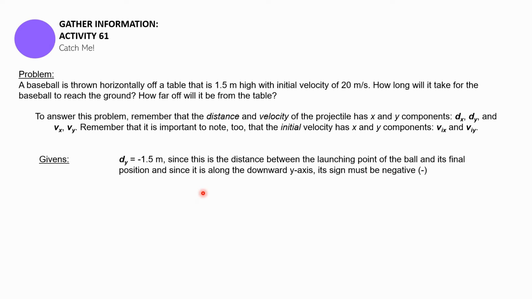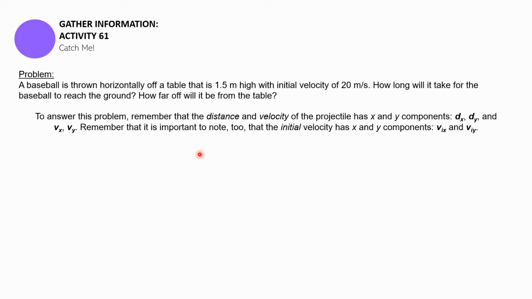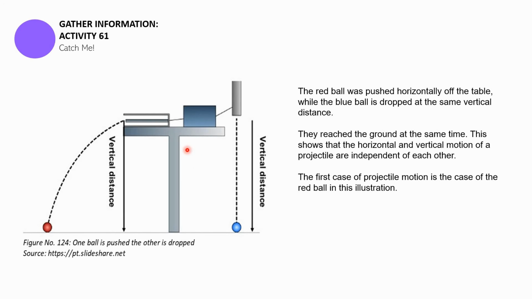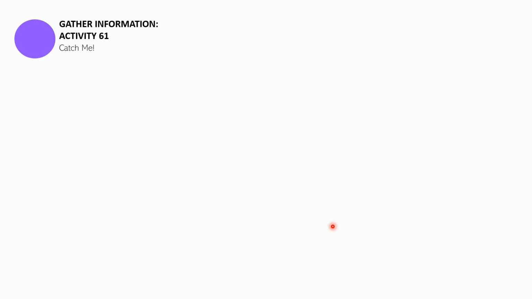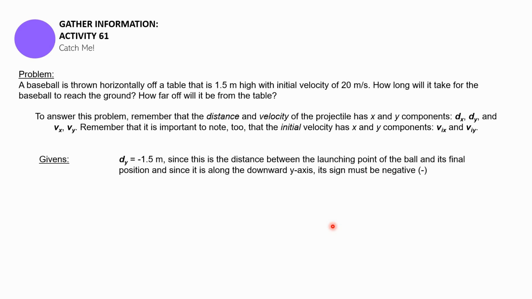Okay, pababa siya. Tulad siya ng first, so a baseball is thrown horizontally off a table. So pababa siya. Kung yung origin, okay, let's go back. If the origin is this, it's 0, 0. Since pababa siya, yung distance na tinravel niya, vertical distance na tinravel niya is pababa. And that is with respect to the negative y-axis.